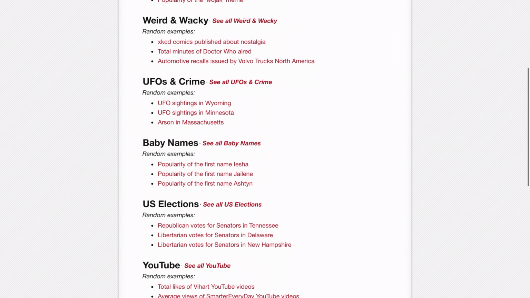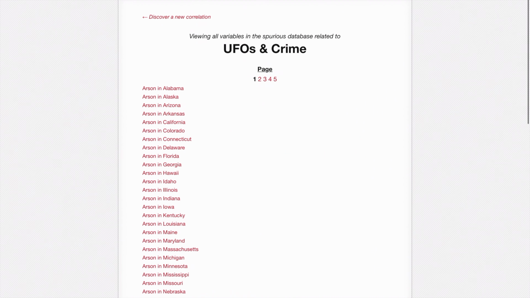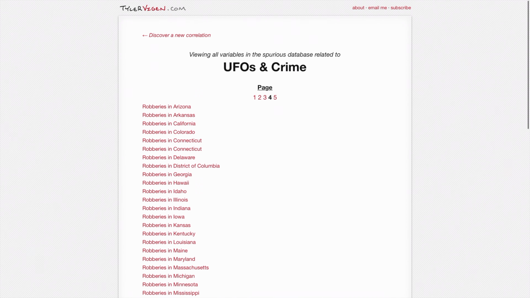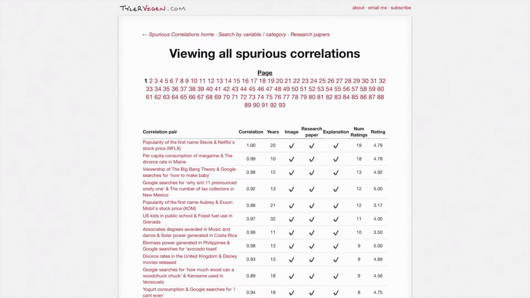Sorry, they changed the website since I've been on it. You can take the UFO and crime and compare it to any of the other data sets. Man, they changed the website. There was a drop down menu and it was, can I do this?